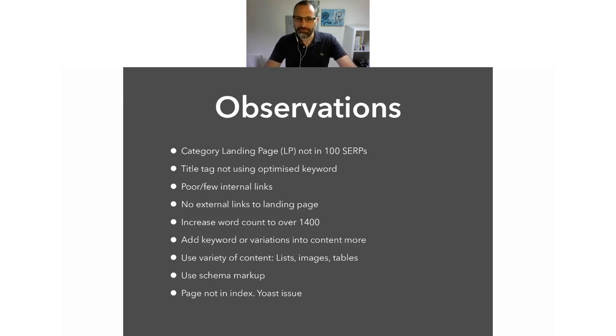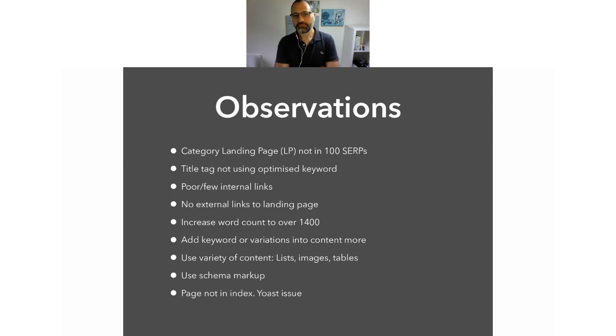They had a suboptimal title tag, so the title of the page wasn't keyword rich, which it is now, which is great. They didn't have enough content in comparison to their competitors, and their competitors were using more different types of media from memory.